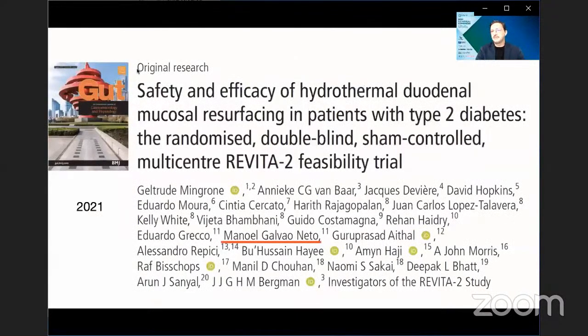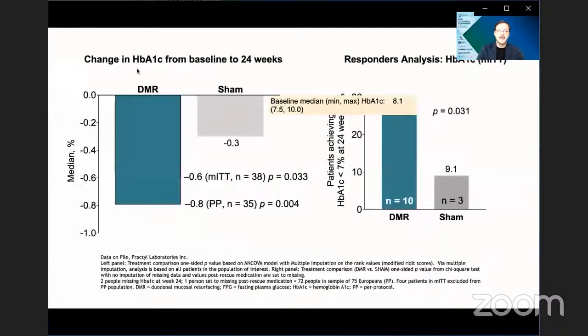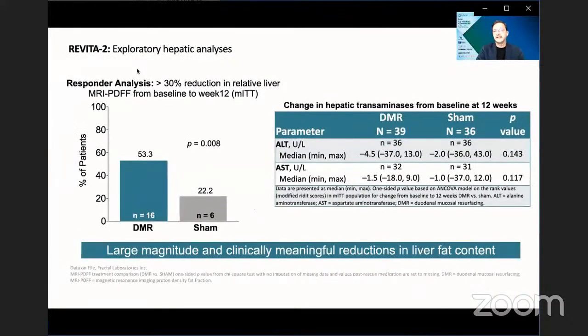Then, as the studies progressed, we have the publication in Gut, a prospective randomized sham-controlled trial between Europe and Brazil, and we had statistically significant impact on the patients treated with DMR. They are in light green against the shams, or the sham controls, that are in gray. So we can see here the positive impact also in the liver.